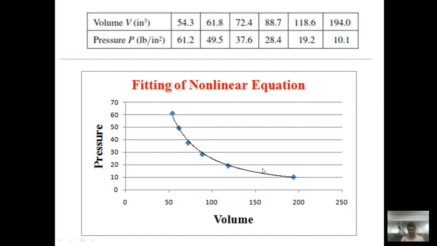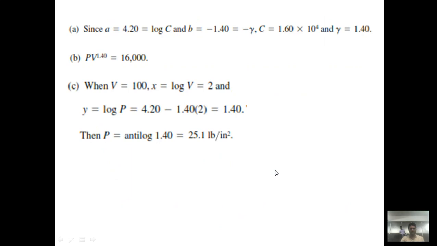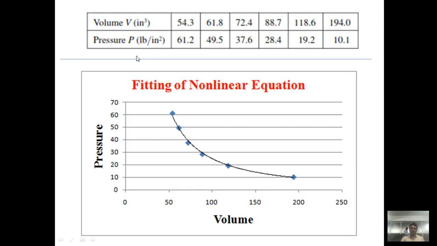This non-linear equation is represented by the relation PV raised to gamma is equal to C. Precisely, P into V raised to 1.40 is equal to 16,000. So this is the equation of the curve.